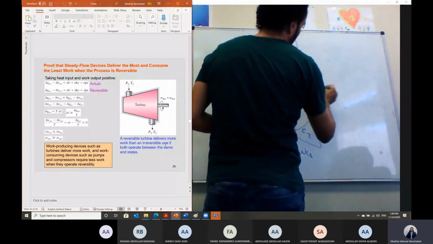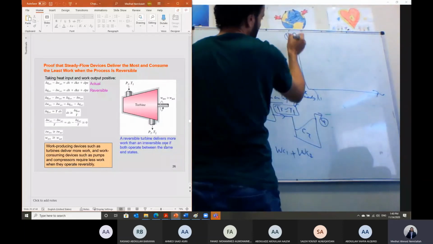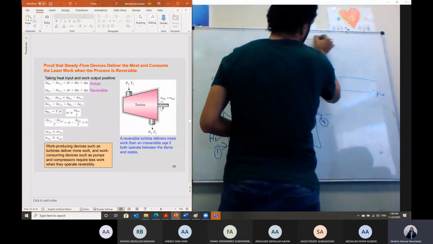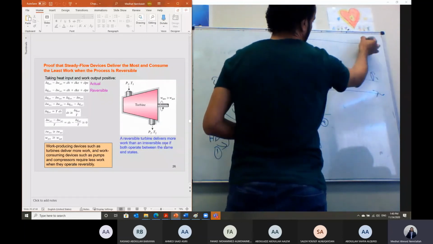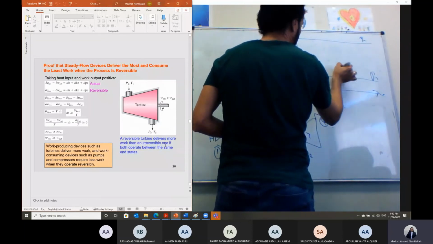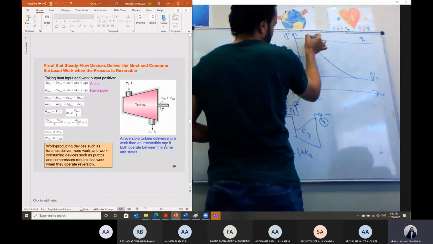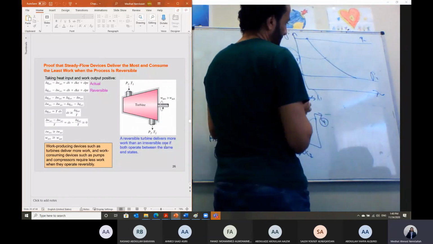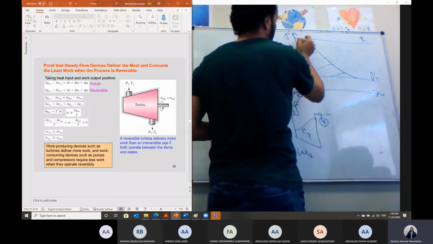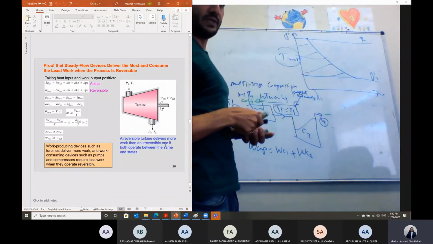We said the minimum situation is when the process is isothermal, that is P1 and that is P2. If the process is isothermal, T is constant, that means the work will be minimum in this case. That is the minimum work. But we said we cannot do that.